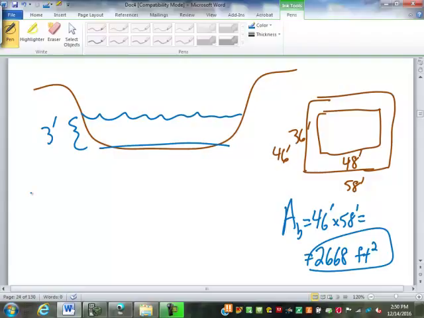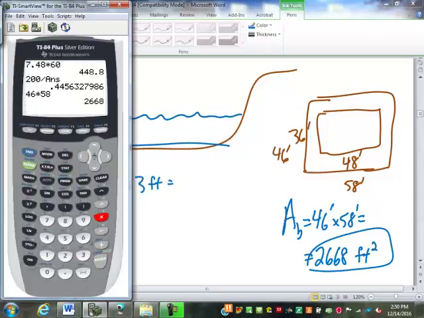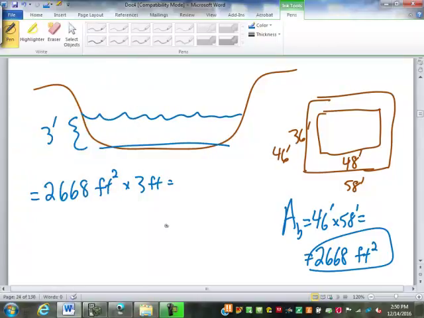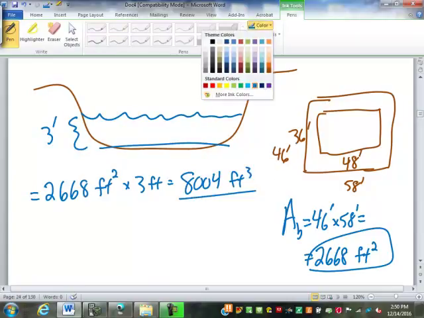So we're going to take that 2,668 square feet times 3 feet of depth, which gives us 8,004 cubic feet of water. You all right there? Okay.